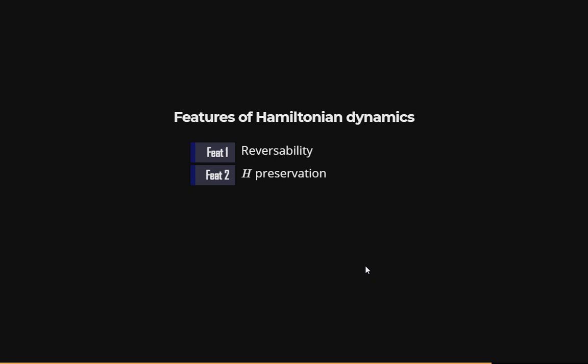The second feature is H preservation. When you run the Hamiltonian dynamics, the Hamiltonian function is preserved. You are moving on the level sets of the Hamiltonian function. Now, this can be seen in various ways.